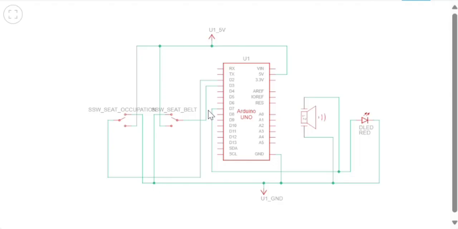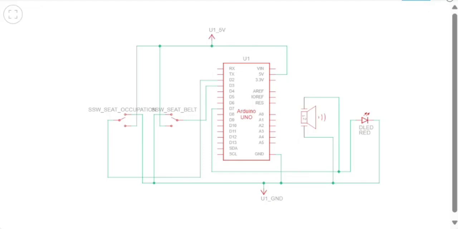Then the red LED and buzzer are connected to pin 7 via the breadboard. All the components share common 5V and GND from the Arduino. When simulated in Tinkercad, these components will work together to reflect real car functionality. So this is basically the architecture showcasing all these.